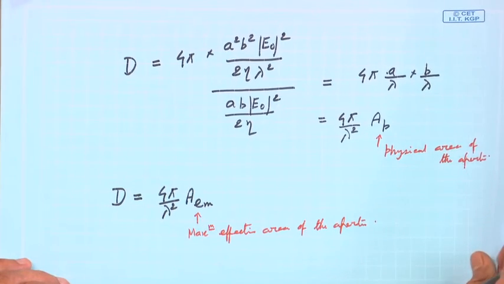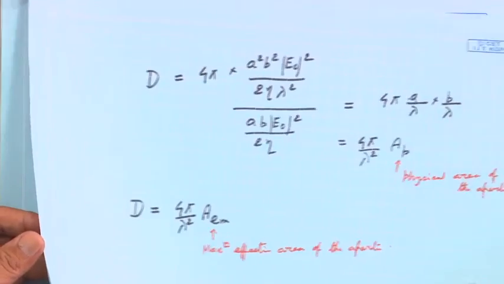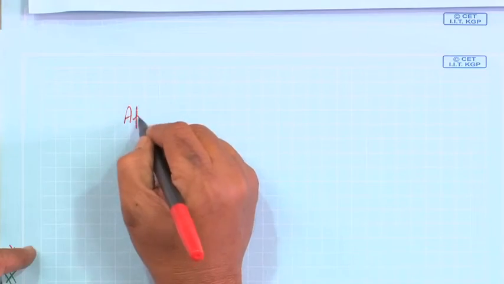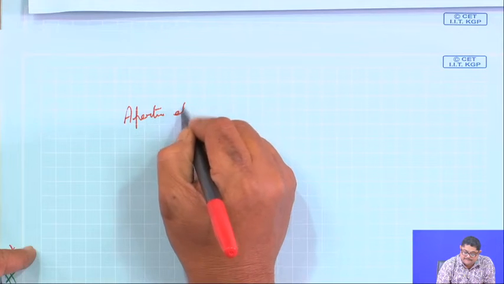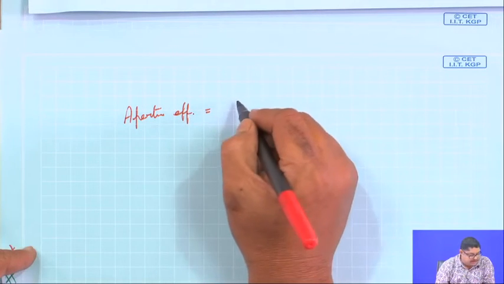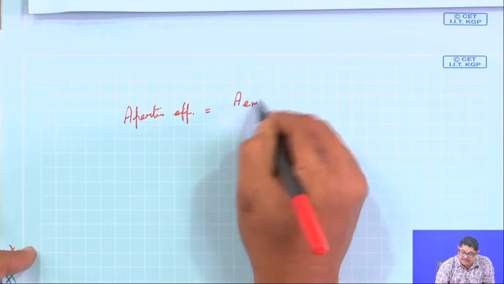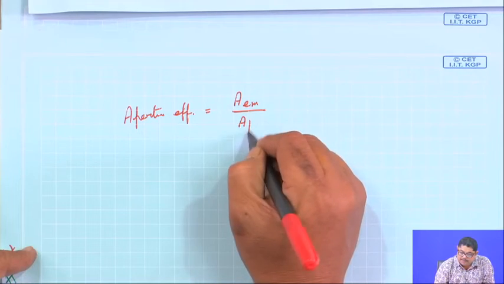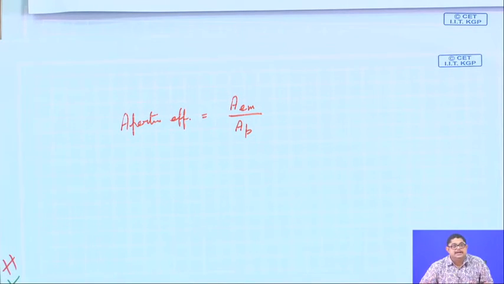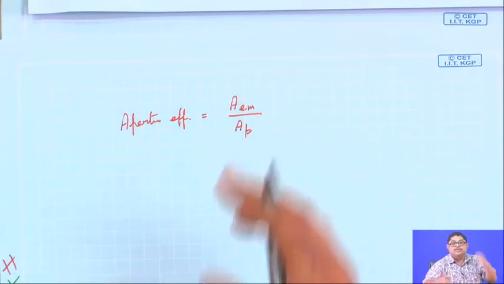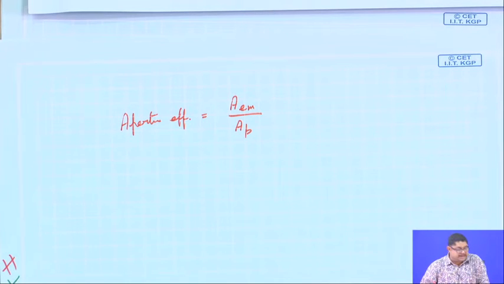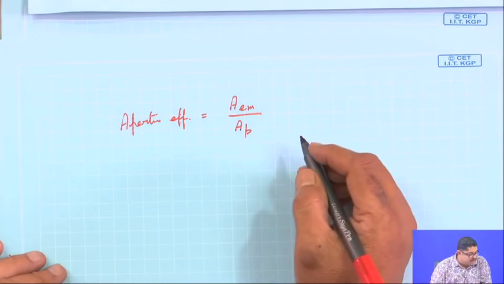Now, we have defined a term called aperture efficiency. What is aperture efficiency? Aperture efficiency is A_EM by A_P, because any antenna designer's wish is to make A_EM as large as possible. So, how much are we getting?